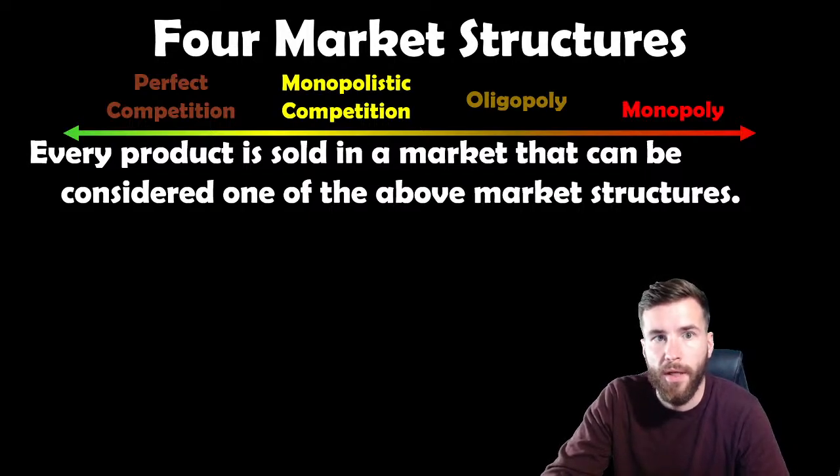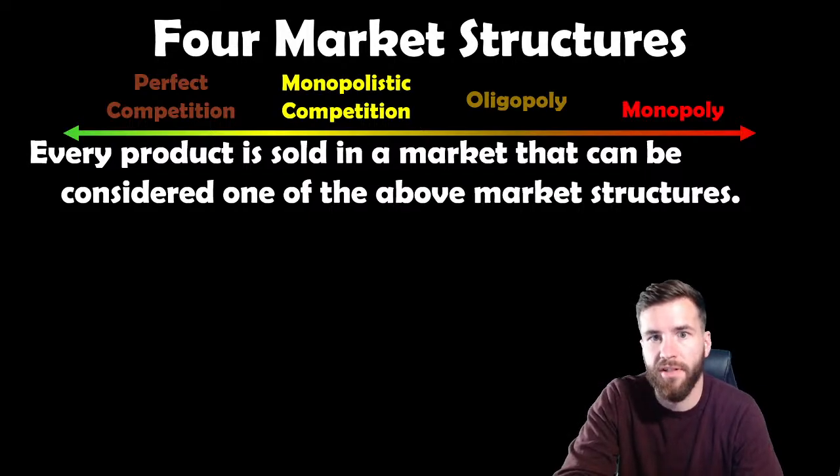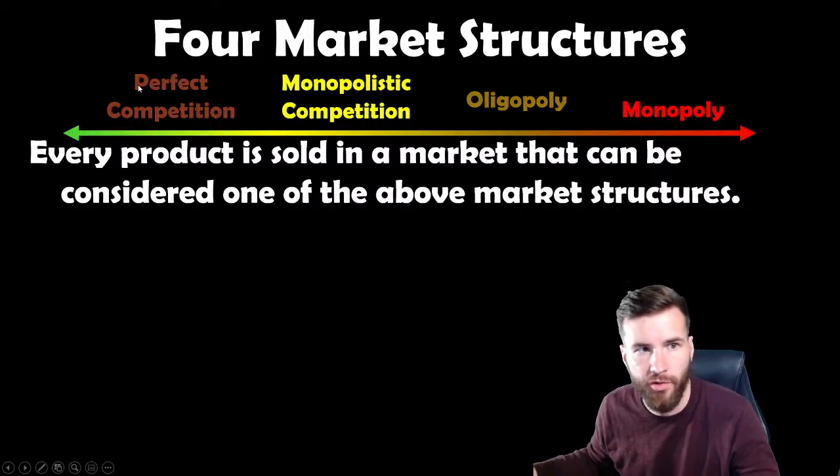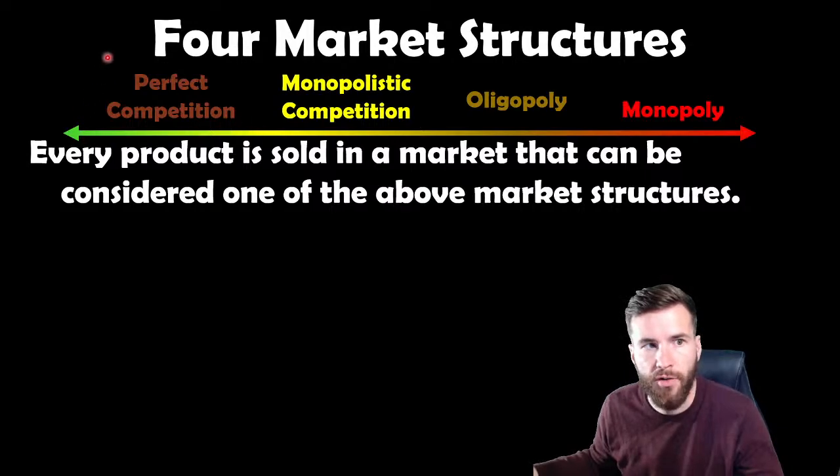But anyway, the four market structures are perfect competition, monopolistic competition, oligopoly, and monopoly. First, we're going to learn about perfect competition over here. That's going to round out Unit 3, and then afterwards we learn about these three. We start with monopoly, and then we learn about monopolistic competition, and then oligopolies. And this is what Unit 4 is all about.